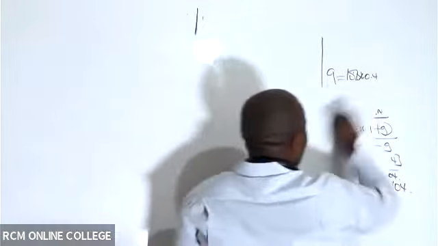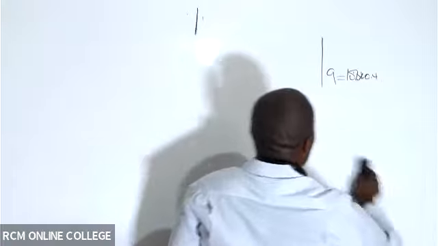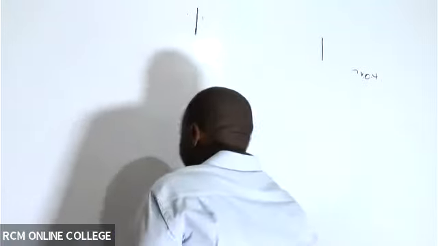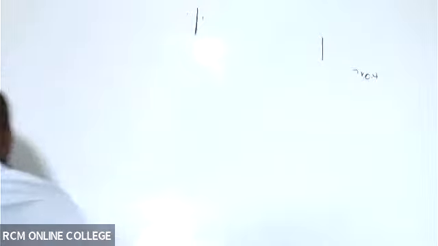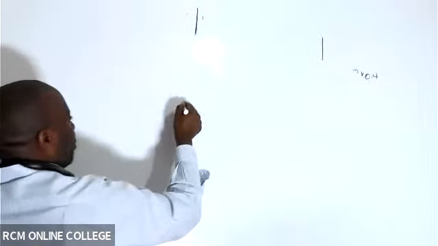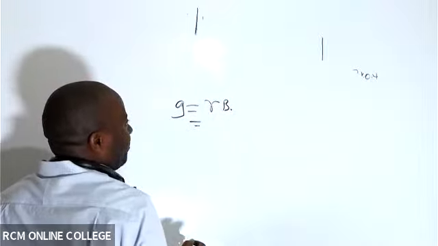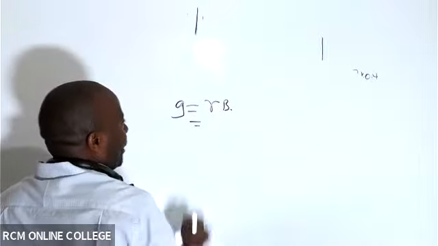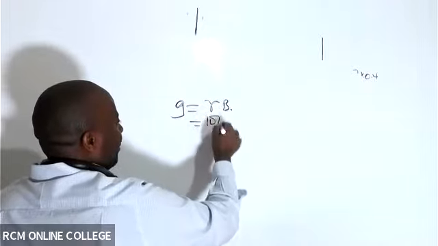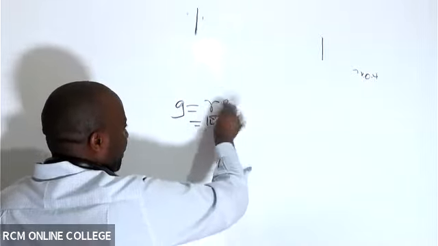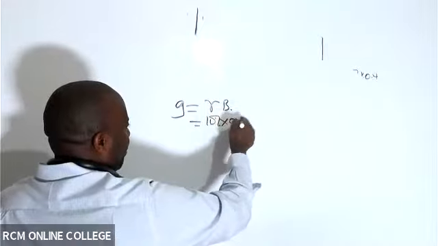So now I hope everything is clear up to there. And then of course, after you've gotten the retention ratio, you can now get the growth rate. So growth rate is R times B. The return on equity has been given as 10%. The B you have gotten there, the retention ratio, is 0.4.